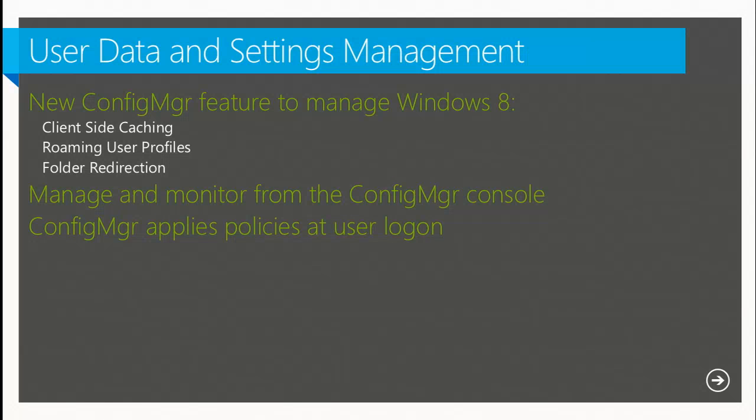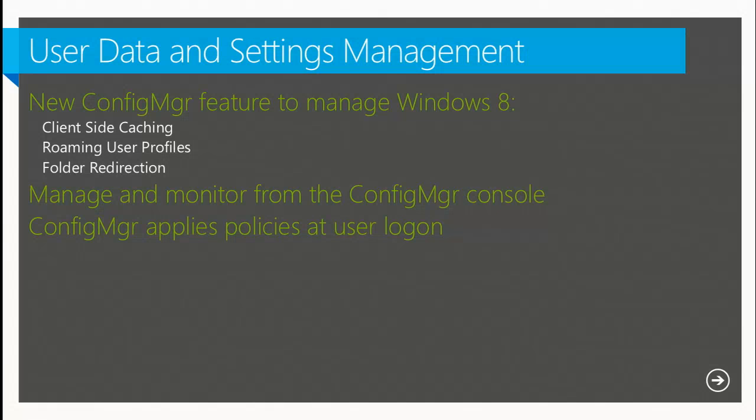Another Windows 8 management capability, user data and settings management. You can now, through Config Manager, control client-side caching, roaming user profile, and folder redirection. These are group policy settings, and you can now manage them in Config Manager. Three benefits. One is it's one place. You no longer have to work through different tools.